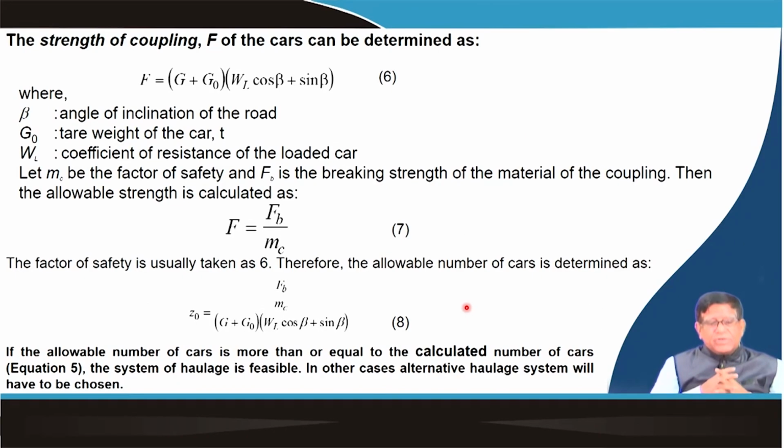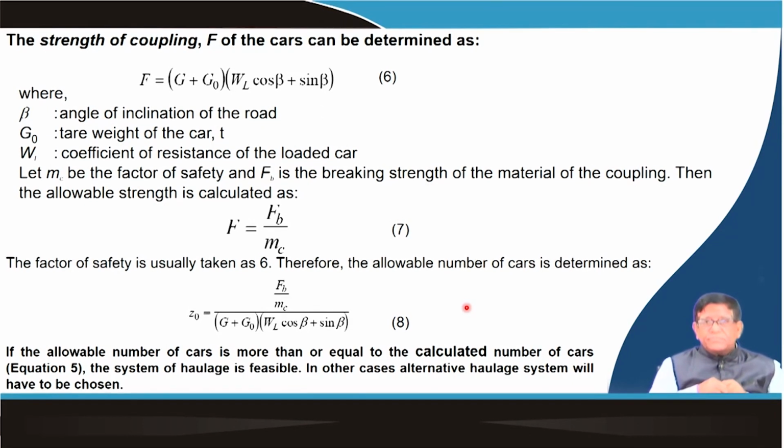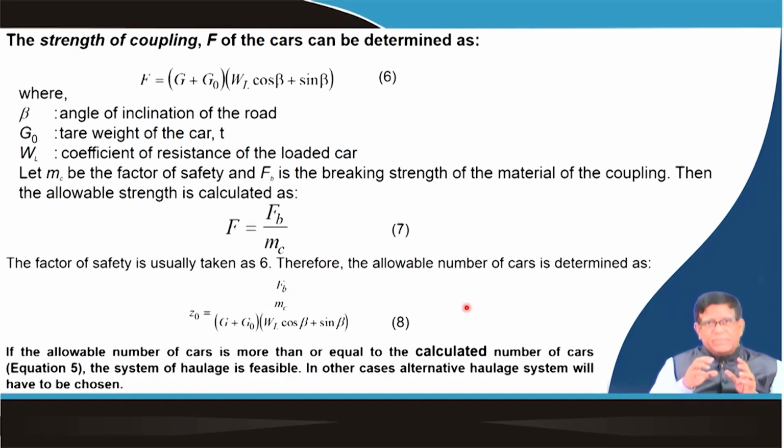Now, another thing is required: when two cars are connected together, the coupling is very important. If you do not take this coupling force into account, it may snap, and there could be a safety problem.